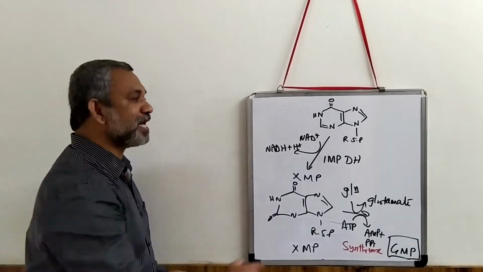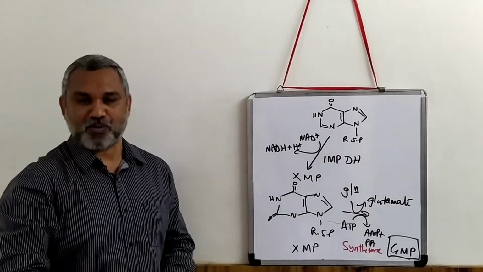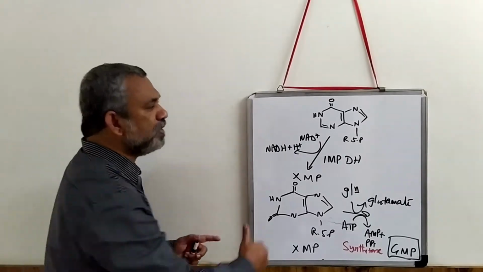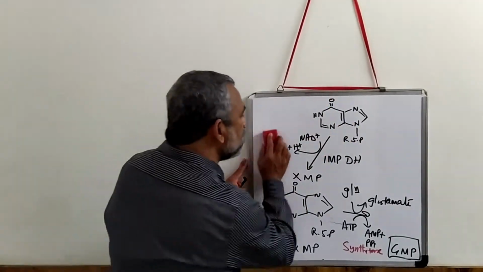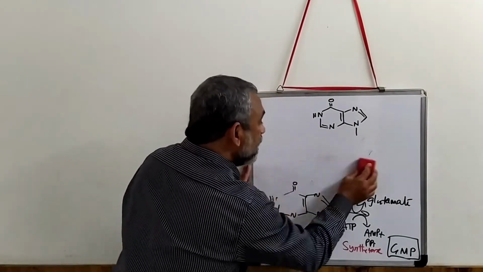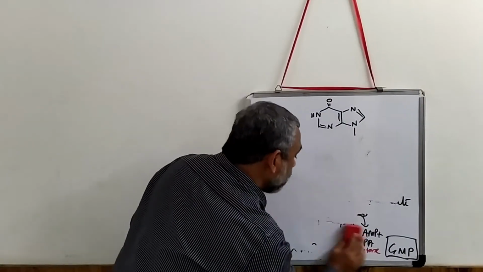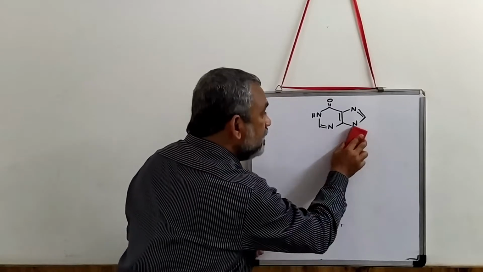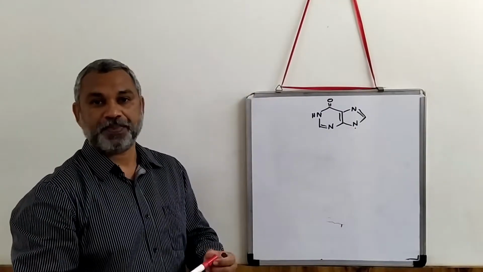Four more enzymes are required starting from inosine monophosphate. Now let us look at the structure of this molecule itself and see what contributes to the formation of each of these atoms, either a carbon or a nitrogen.